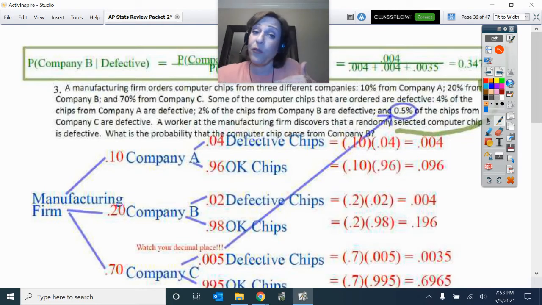And finally, if it's from company C, here's even a third defective rate. So it was multiple conditional probabilities upon being from a particular company. So I said to myself, hey, self, multiple conditional probabilities. Oh, a tree diagram is the strategy for me. So I organized it that way.